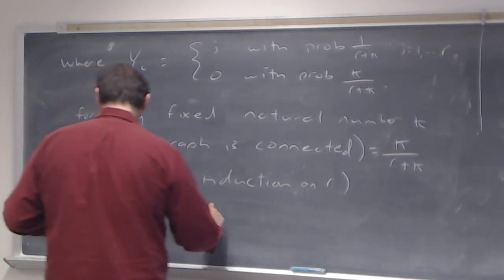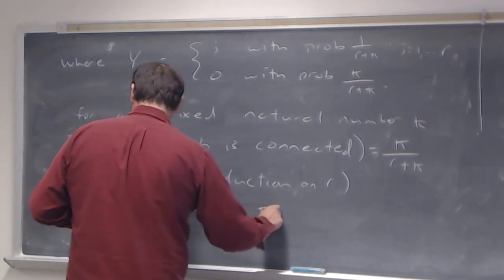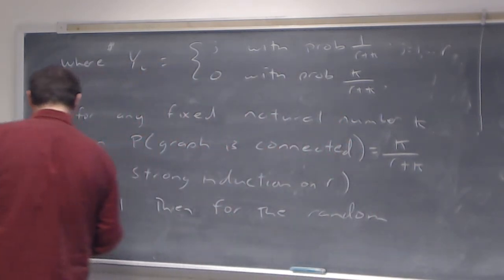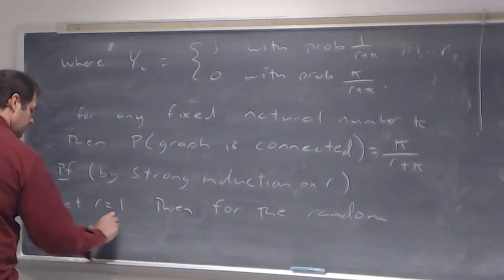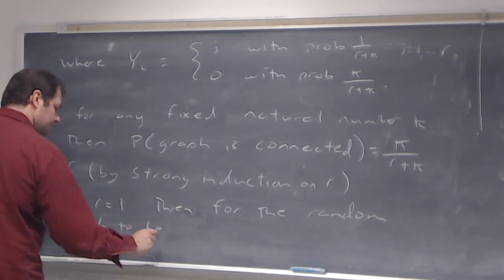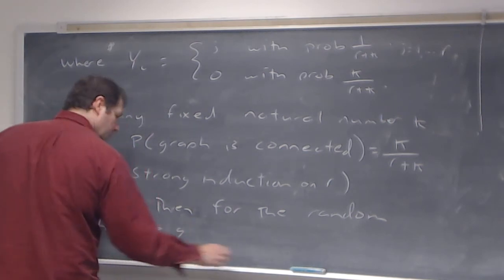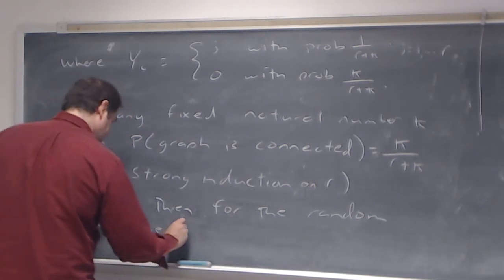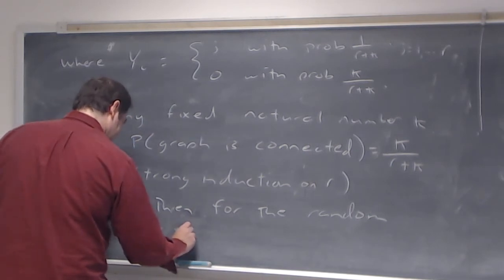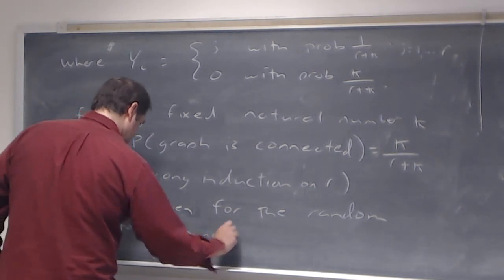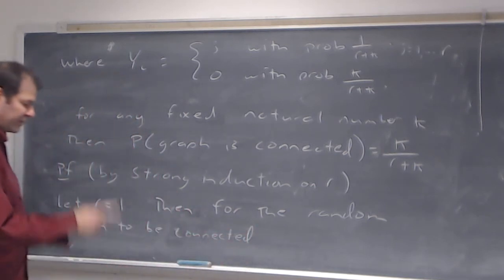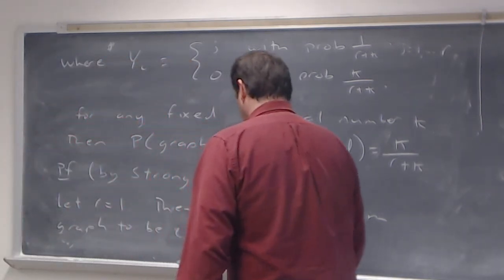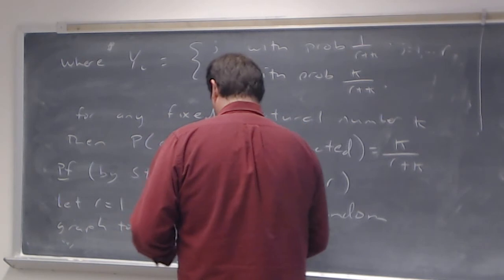Then, for the random graph to be connected. So with R equal to 1, we got two nodes, 0 and 1. So for the graph to be connected, we think of 0 having a self loop. That means that this node 1 has to be connected to the 0.